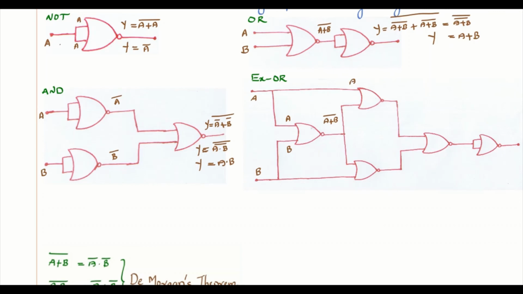The input of the second NOR gate is A and A plus B whole complement. So the output of the second NOR gate is A plus A plus B complement whole complement.